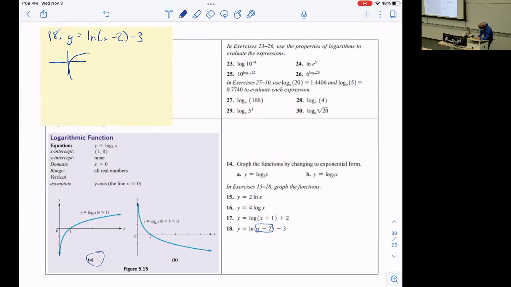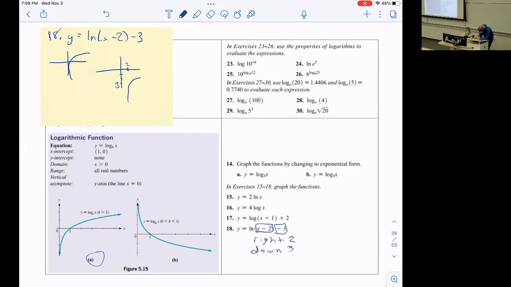And then we have this minus 3 on the outside, so we're going to move it down 3. So we're shifting it to the right 2 and down 3. When we go to graph that, at 2 it would come out here, and then it would also shift down 1, 2, 3.